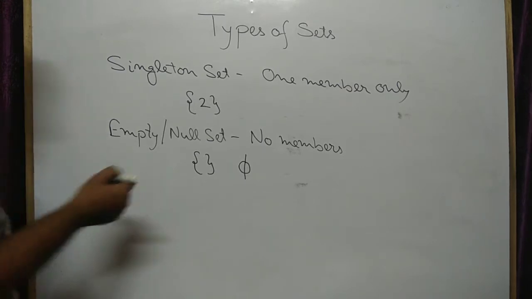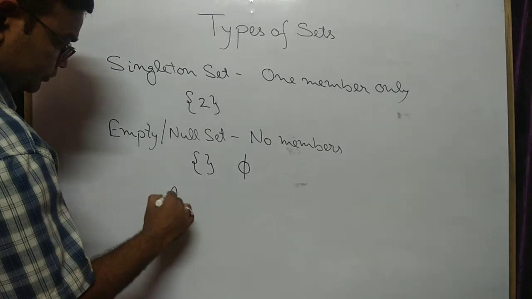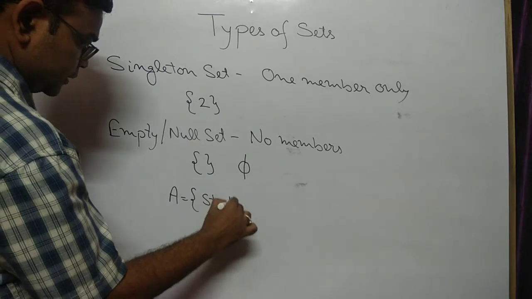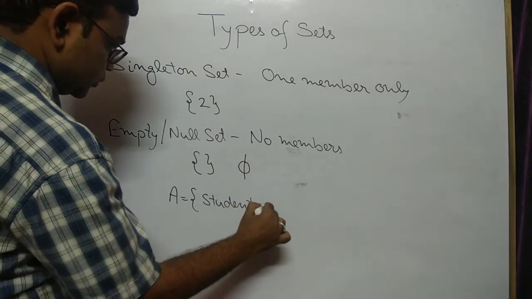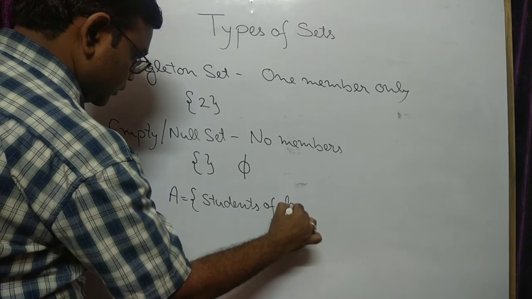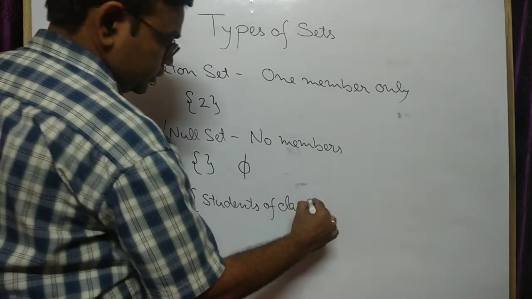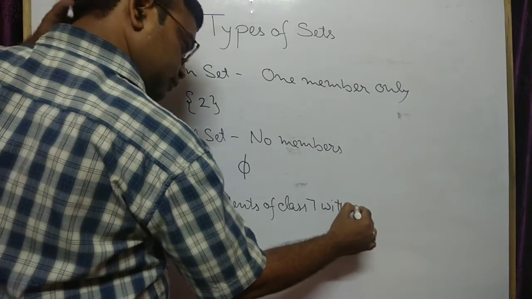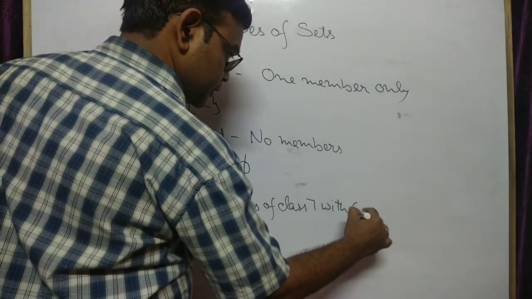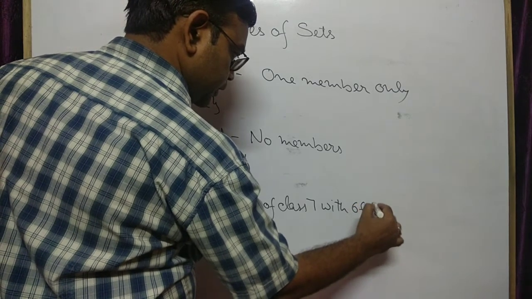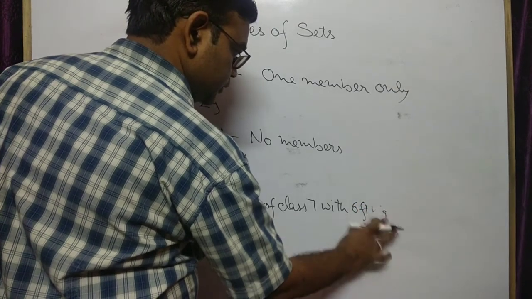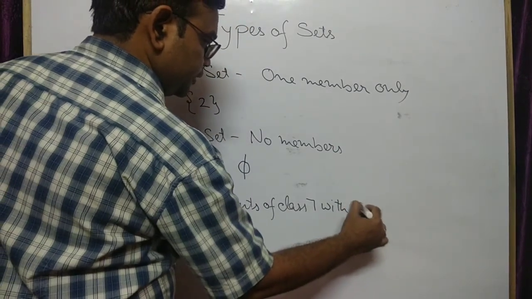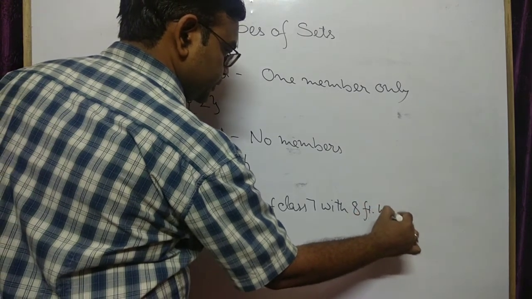For example, I'm going to write in descriptive form: students of class 7 with 6 feet height, or wait, we can express some more, with 8 feet height.